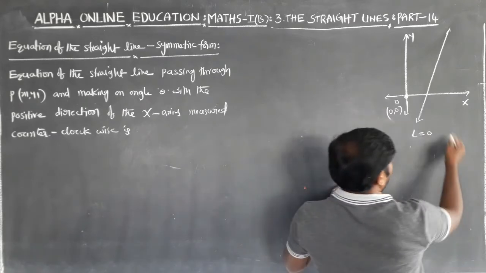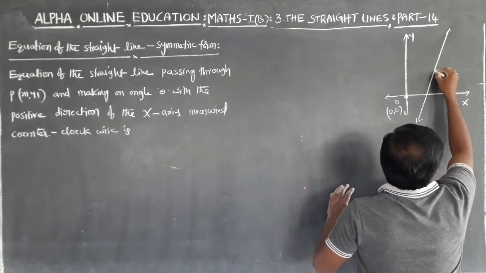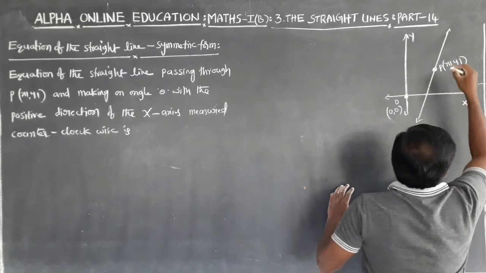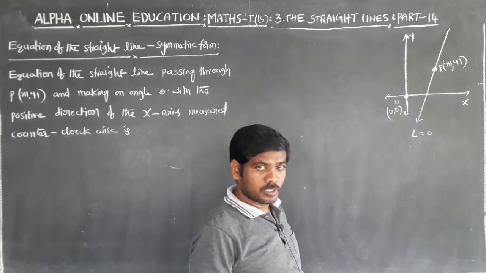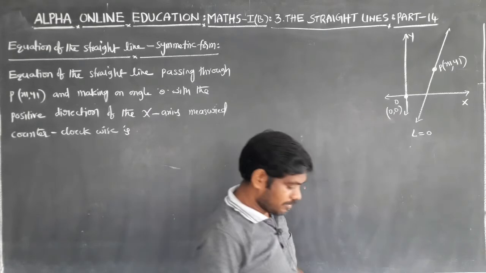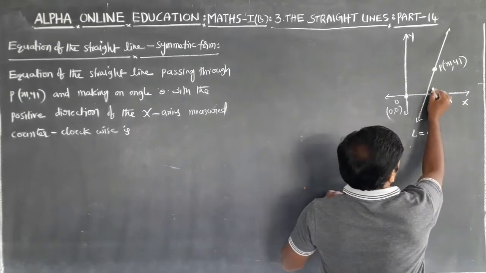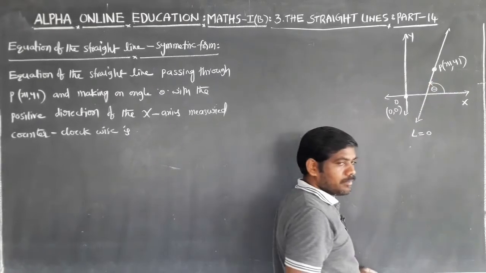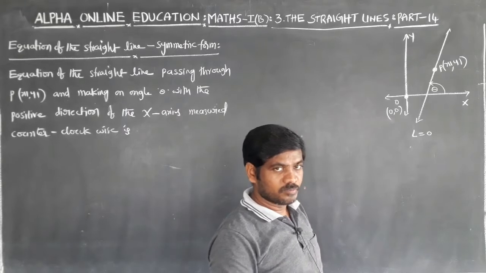In symmetric form, the line is passing through the point P(x1, y1) and making an angle theta with the positive x-axis, measured counterclockwise.